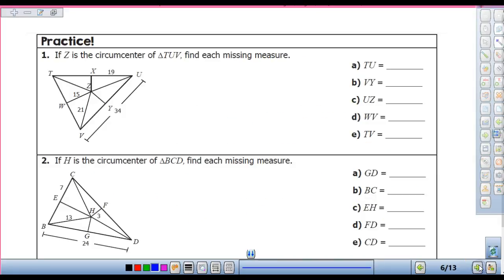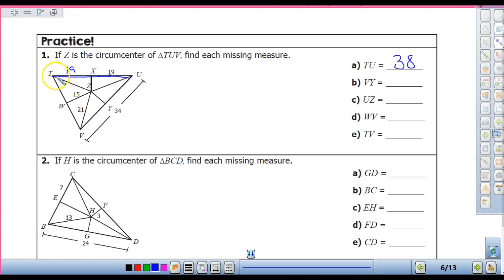So if we look at this, TU, which is this guy, can we figure out what TU is? Yes. Why? Because XU is 19, yep, and so these are going to be congruent, right? Because that's going to be 19 if that's 19.